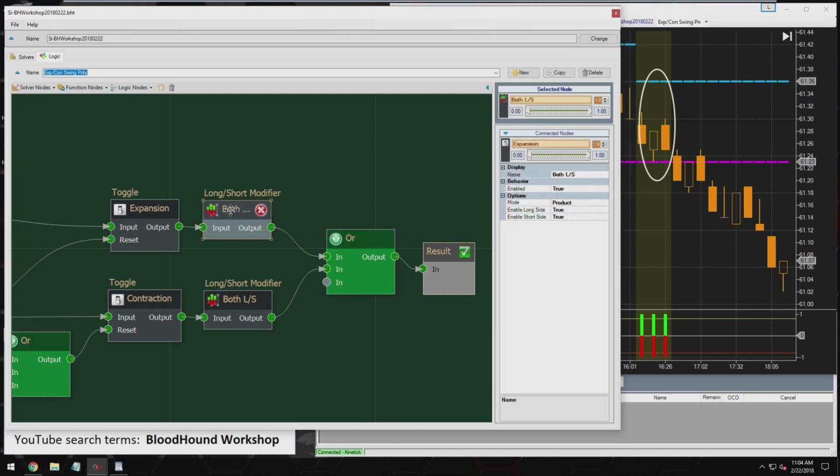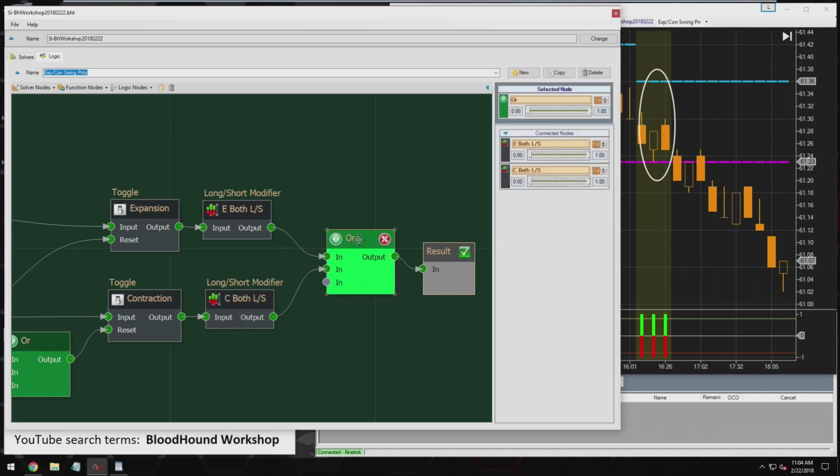Let's go into this solver. This one, I'll just put an E in there for expansion. And this long short modifier down below, I'll put a C in there for contraction.